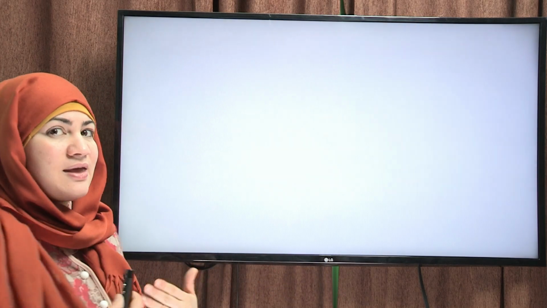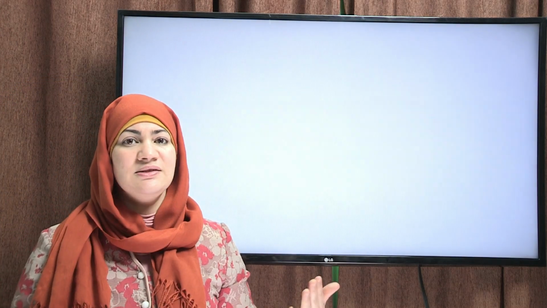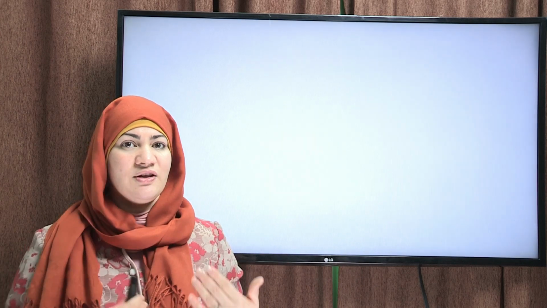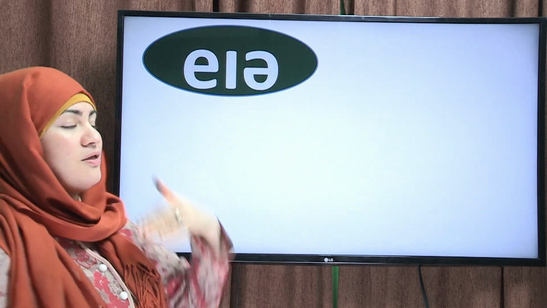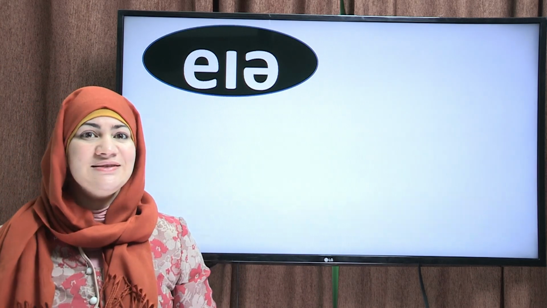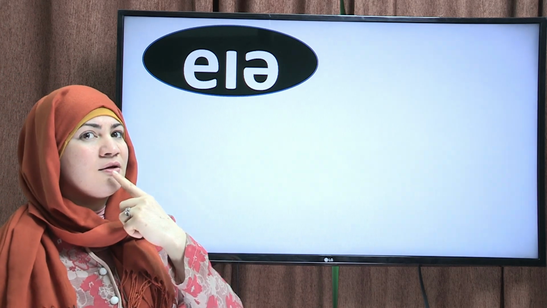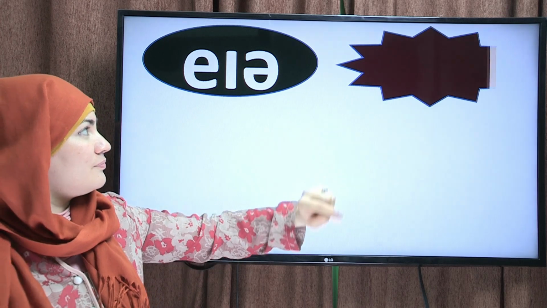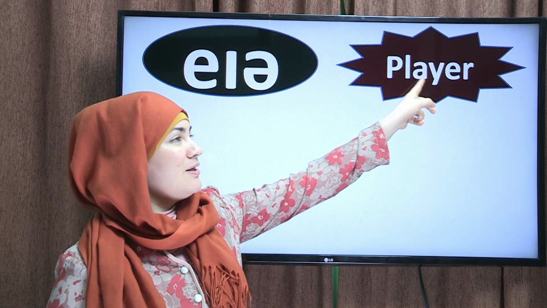Here we have some examples. We will see some examples and how these triphthongs can be spelled. We have the first one, which is air, like in player.